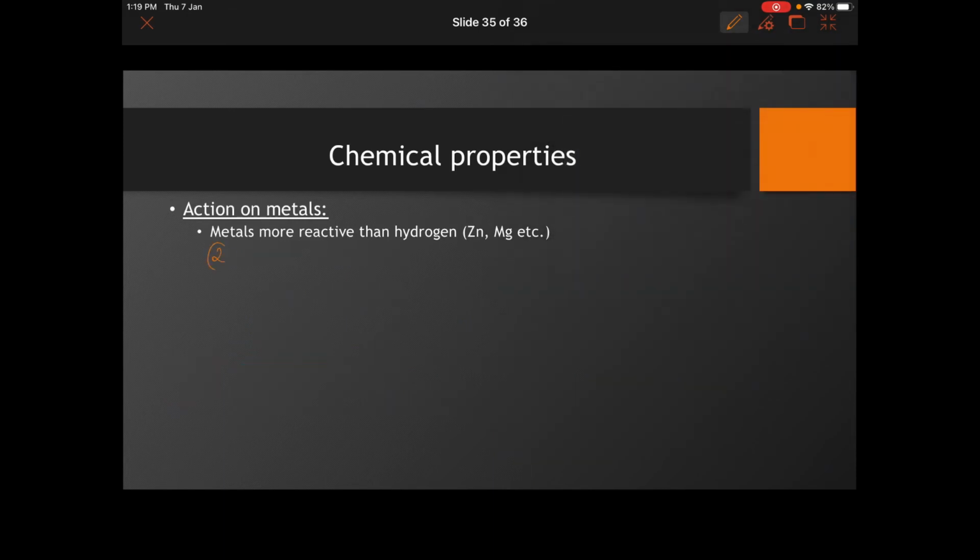Similarly, let's see case number 2. This time I am taking a mild HNO3. Now try and understand this. Mild HNO3, zinc plus HNO3 is going to give me zinc nitrate, that is NO3 twice, plus H, where this will be twice and this will be twice, that is going to remain the same, right? But this time HNO3 reacting with nascent hydrogen is going to give me nitrous oxide and release H2O.